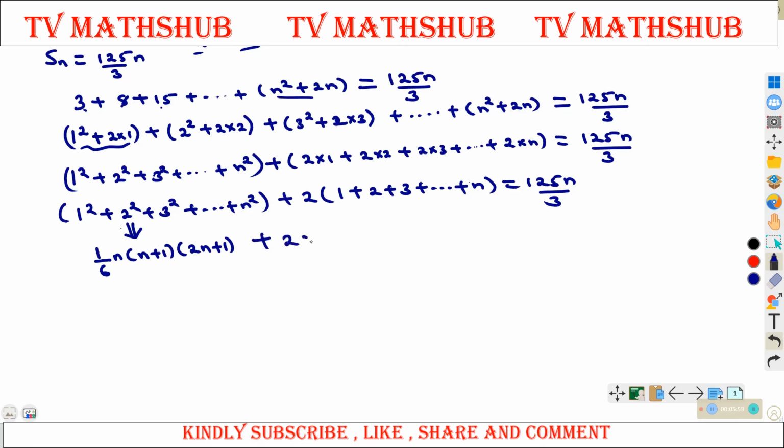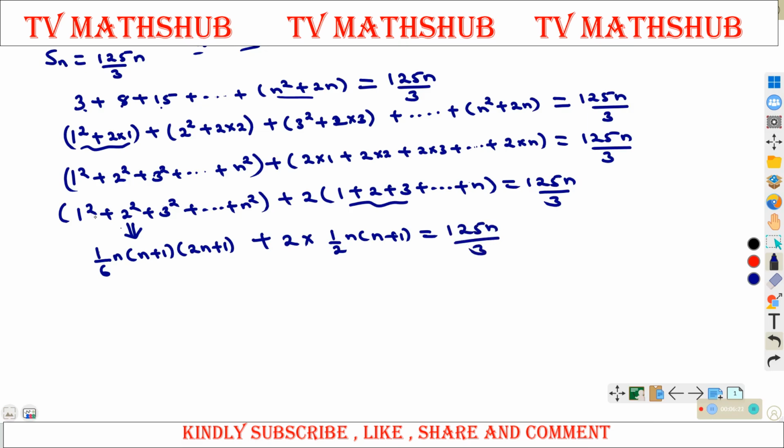Plus 2 times the sum of the first n natural numbers, which is also a known sum, a half n into n plus 1. Then this is equal to 125n divided by 3.